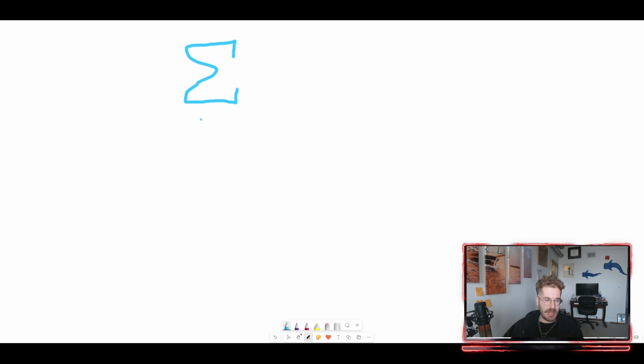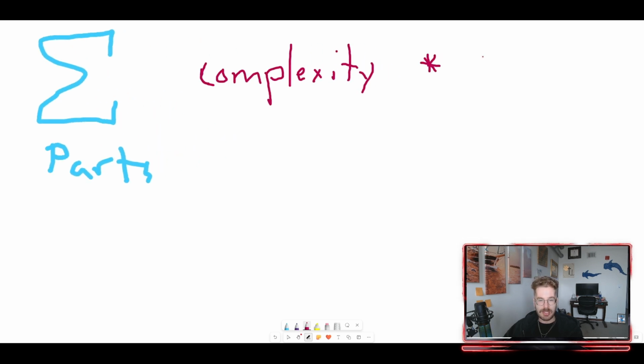So what we're going to do is have a summation of all the parts in our system. Summation of parts. For each part, we are going to sum the complexity of that part multiplied by the time spent in that part.